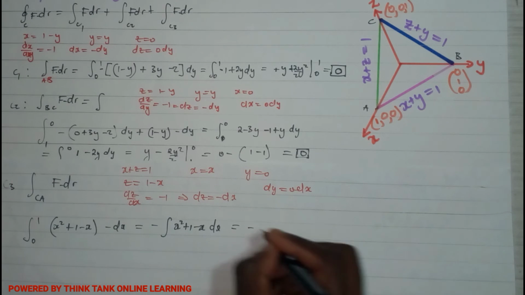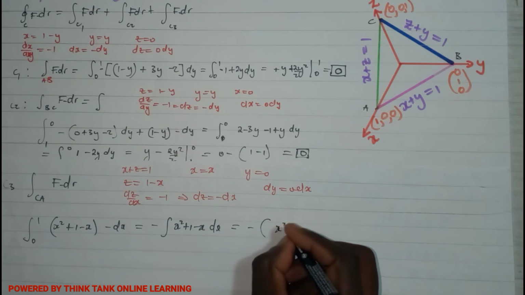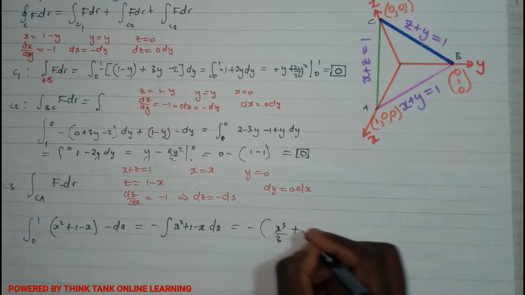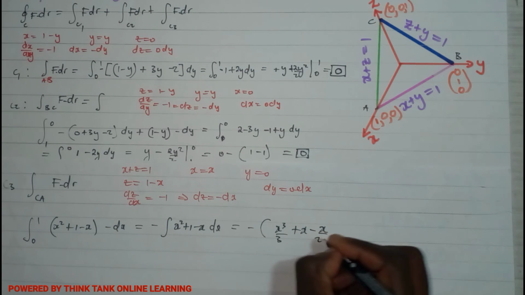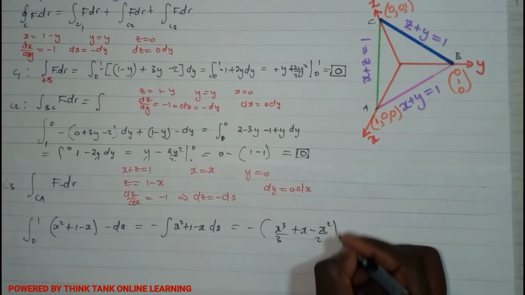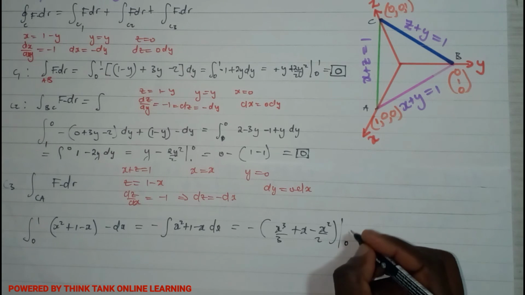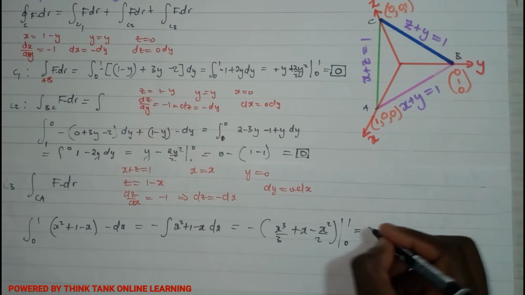Now let's integrate with respect to x. It's x to the power 3 over 3 plus x minus x squared over 2, then we find limits 0 to 1.